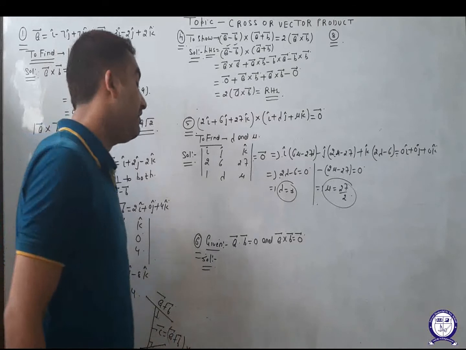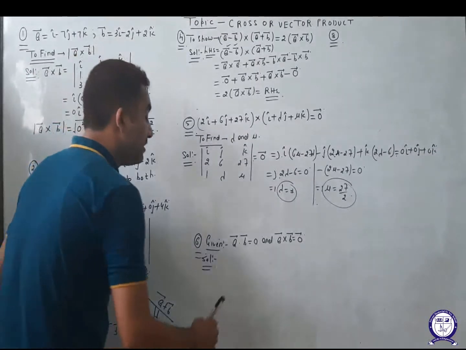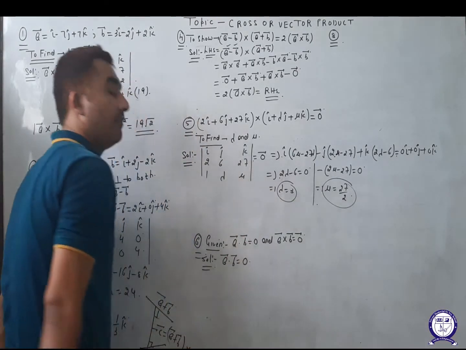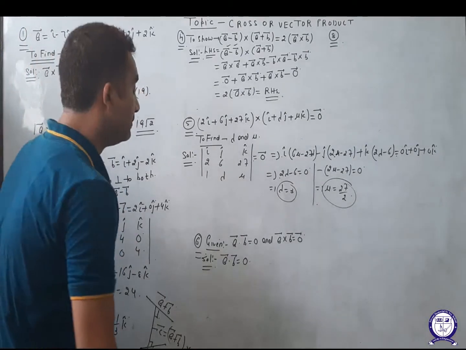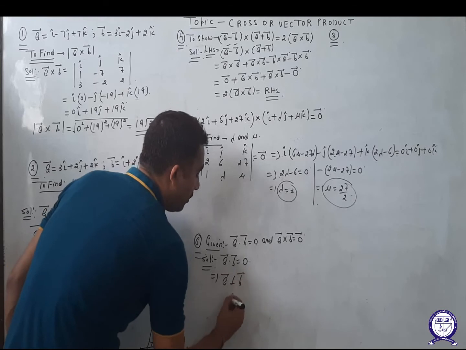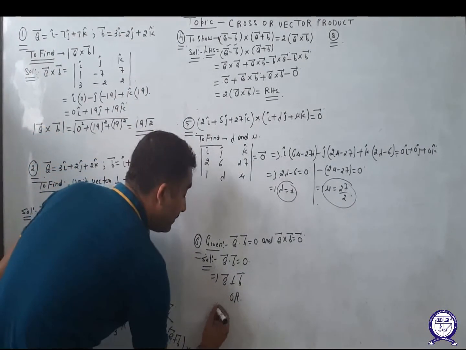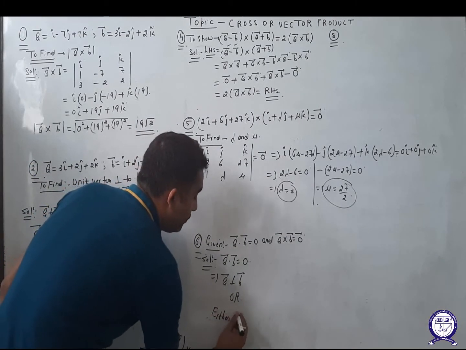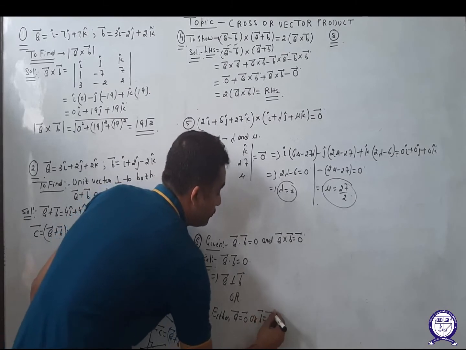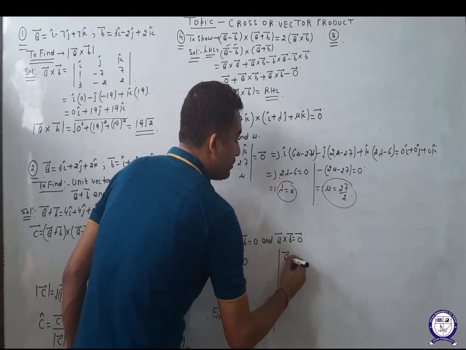Now we have given a dot b is equal to 0 and a cross b is equal to 0. Now the question arises, if a dot b is equal to 0, what does it mean? Dot of two vectors is 0 when they are perpendicular to each other, or either one of them is 0 vector. Either your first vector is equal to 0 vector or second vector is equal to 0 vector. Second, we have given cross is equal to 0.